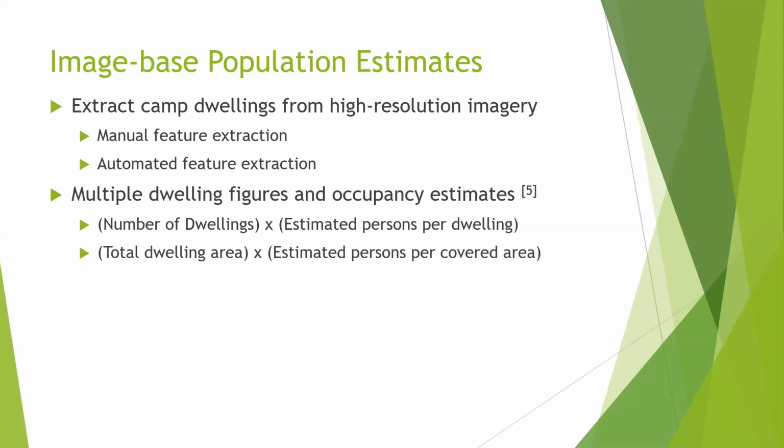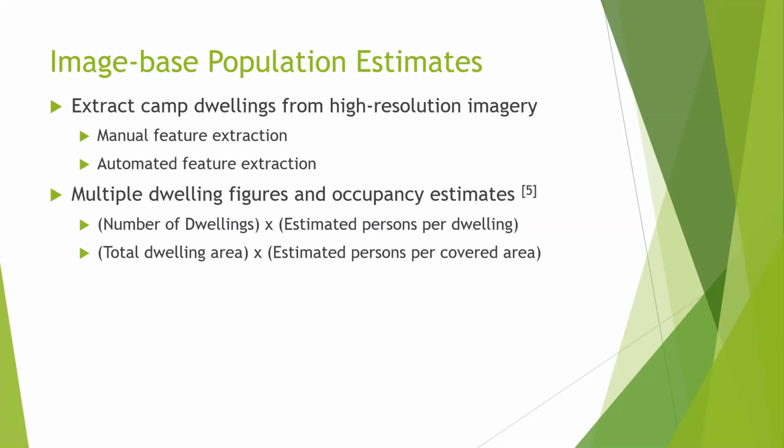The dwelling figures are derived from high-resolution imagery, and they are calculated either through manual feature extraction, where an analyst manually digitizes refugee and IDP camp structures from remote sensing imagery, or automated feature extraction, where an analyst utilizes a computer to extract different features based on pixels or groups of pixels and their likelihood of occurring within an assigned class probability function.